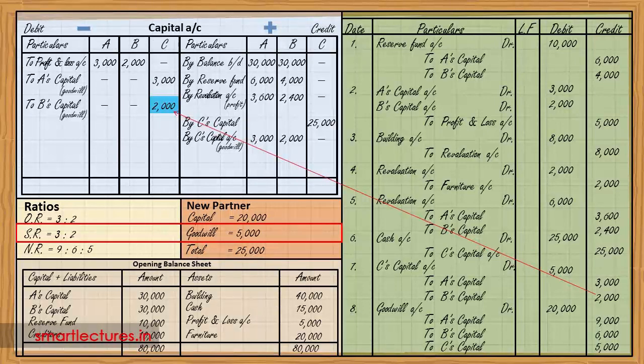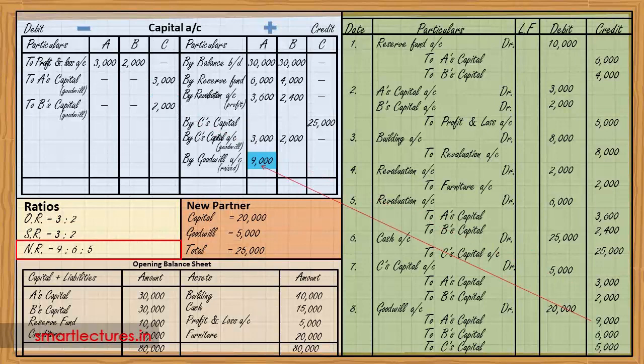Now Goodwill account has been raised. When Goodwill account is raised, all partners get the credit. So by Goodwill account, write down raised in the inner column, and the amounts will be 9,000, 6,000, 5,000. In this way, the total for A is 51,600, for B 44,400, and for C 30,000 rupees.